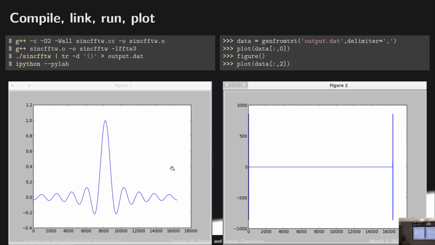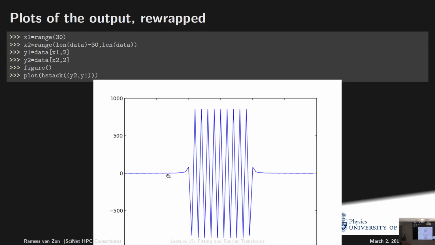Any negative wave vector is found all the way at the end. So if I have a sample of, in this case, 16,000 points, then wave vector -1 is at 16,000 minus 1. It's right over here. So that's point 1.